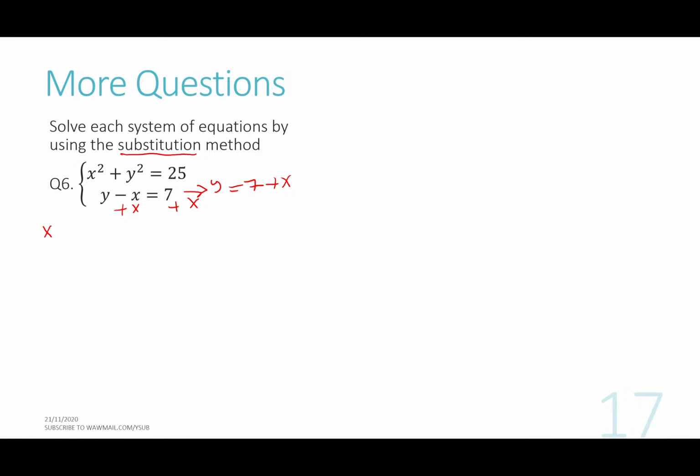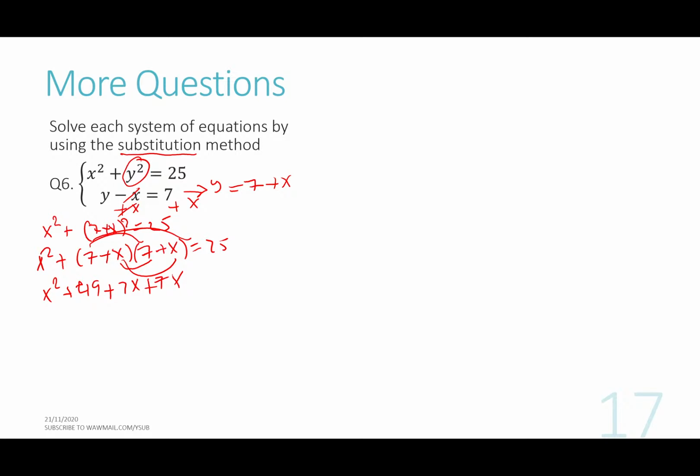We do the same thing. Multiply: x squared plus 49 plus 7x plus 7x plus x squared equals 25. Now x squared and x squared makes 2x squared, plus 7x and 7x is 14x, plus 49 is equal to 25.